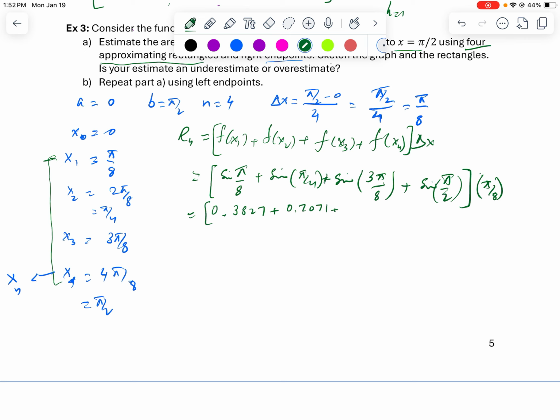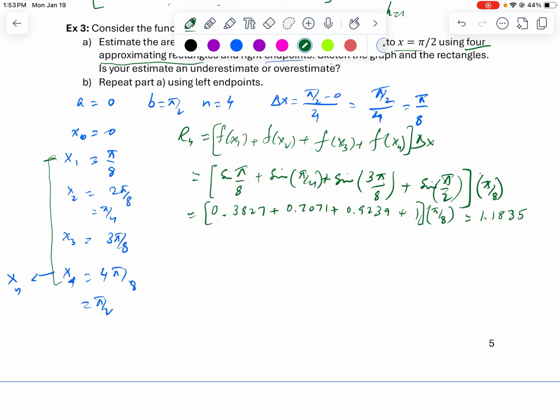I'm going to 4 decimal places just to make sure that we are not losing too much value or too much area. Then the next one is sine of 3 pi over 8, which is 0.9239, plus sine of pi over 2 is 1, times pi over 8. So multiply all this together and you get 1.1835.